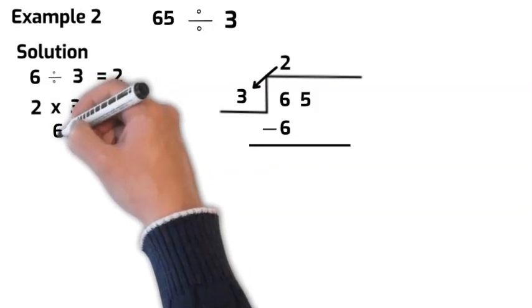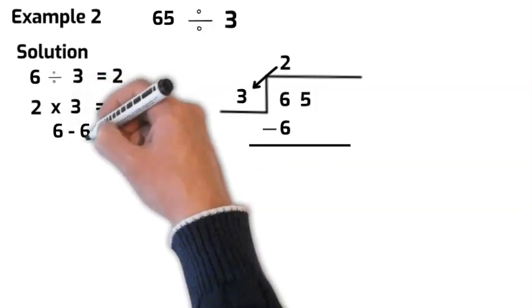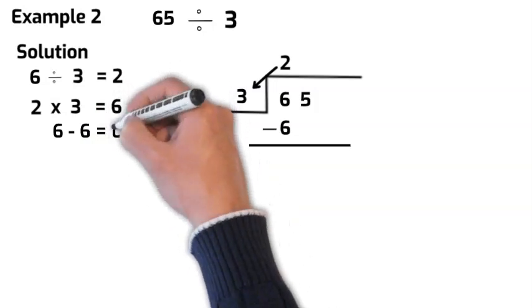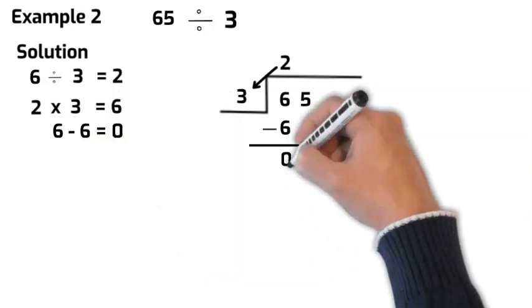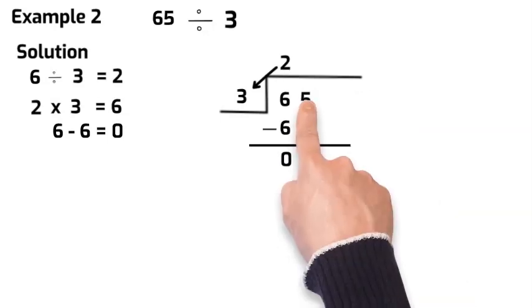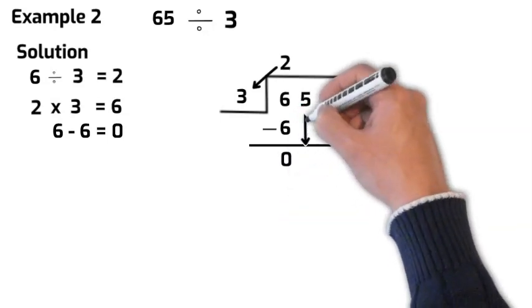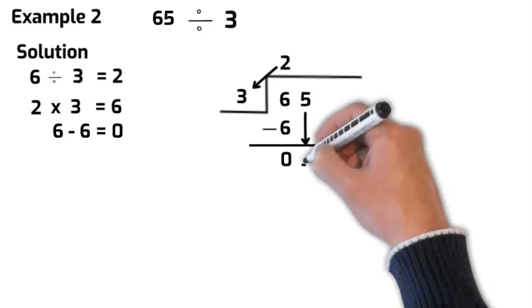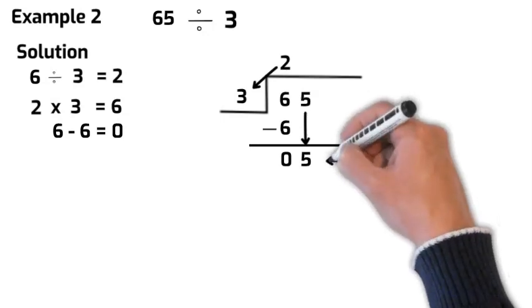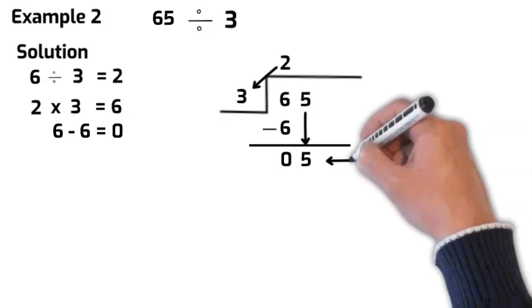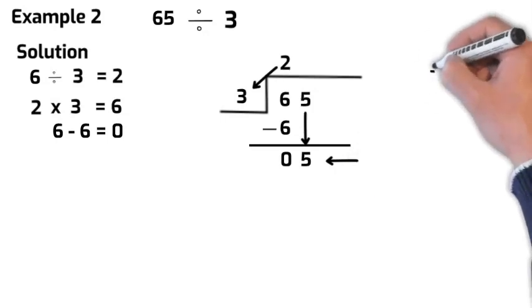When we take 6 away from 6, we have 0. We go under the horizontal line and write down 0. Next, we bring down the second digit of our dividend, which is 5. Now, we have our new number.